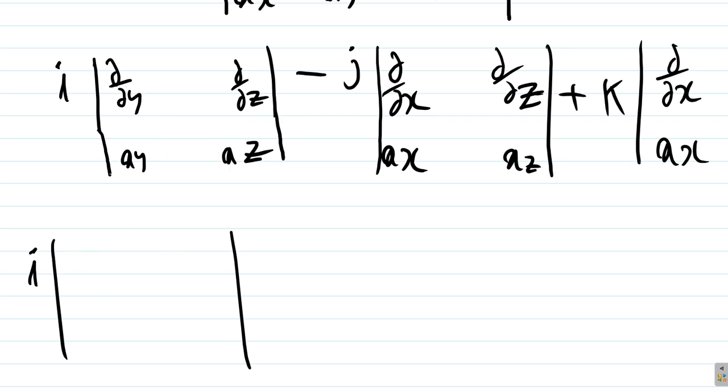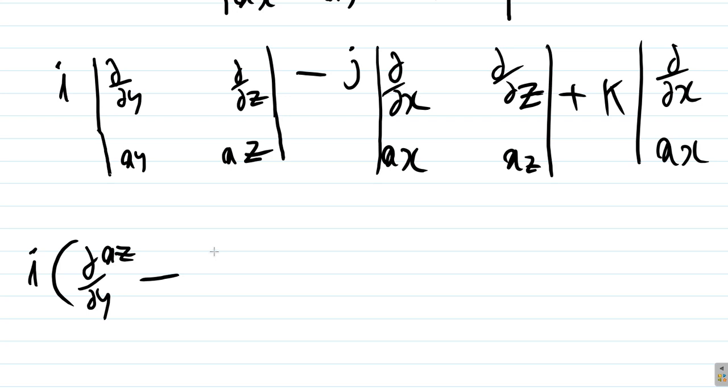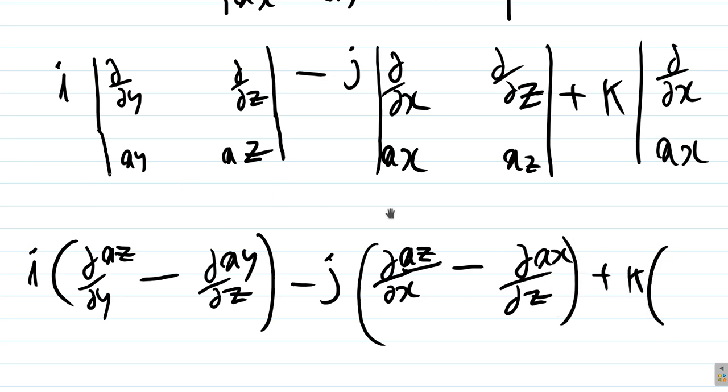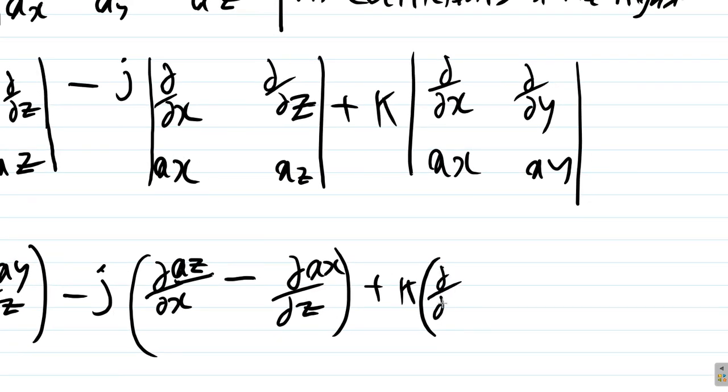So it's going to be brackets now: partial by partial y of Az minus partial by partial z of Ay, minus j times partial by partial x of Az minus partial by partial z of Ax, plus k times partial by partial x of Ay minus partial by partial y of Ax.